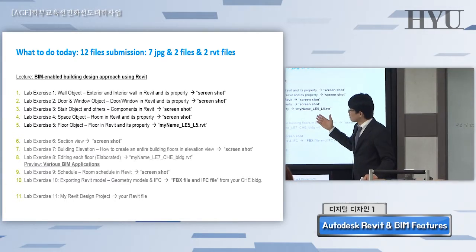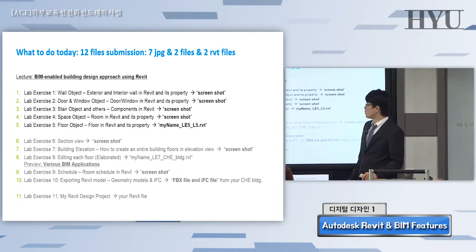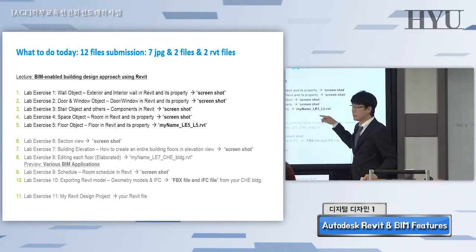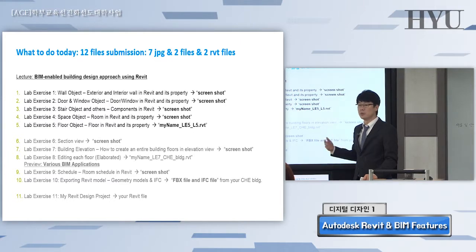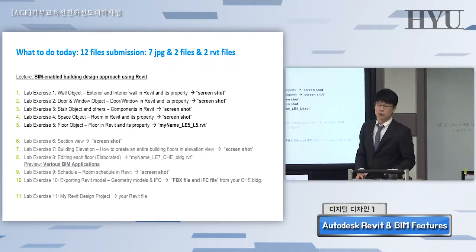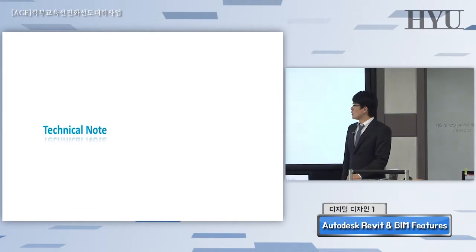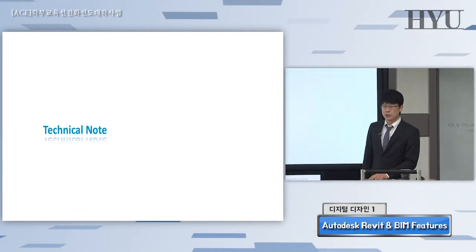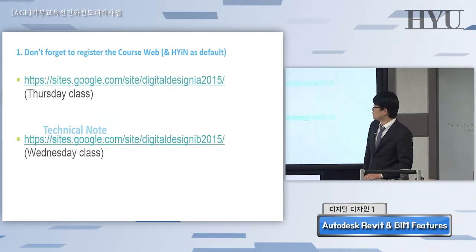But next time, we're going to do some extensions. At the end, the final is this entire building as a BIM model, and some applications, some advanced things we can do while we are working with the BIM model using Revit. Again, I'd like to show you the technical note.